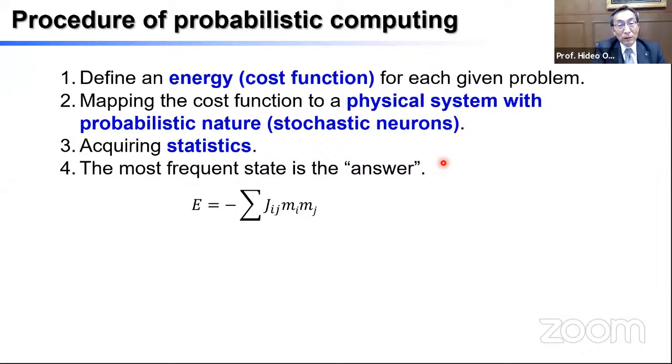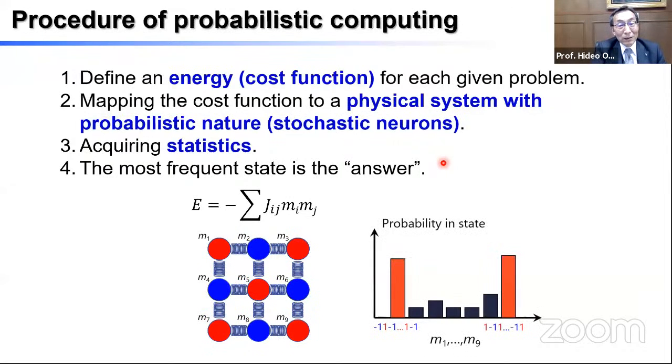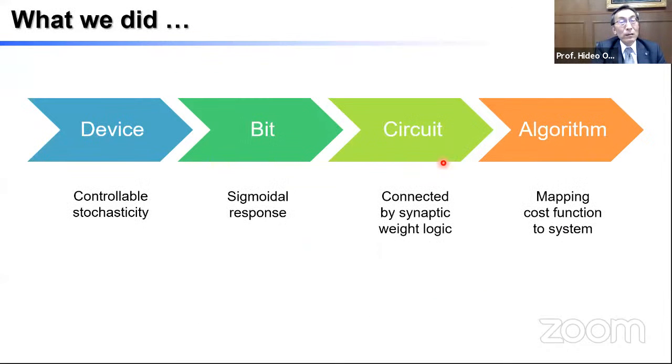So we implement this energy landscape into interacting stochastic devices and observe the probability of those states, and we get, in this case, 2 answers of equal probability. So what we did was we made the device into a p-bit, as we call it, a probabilistic bit.